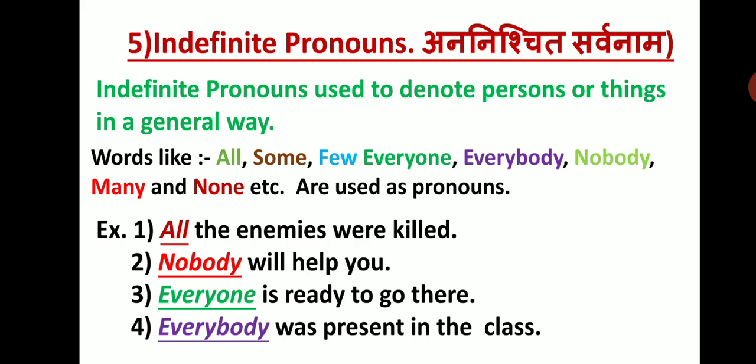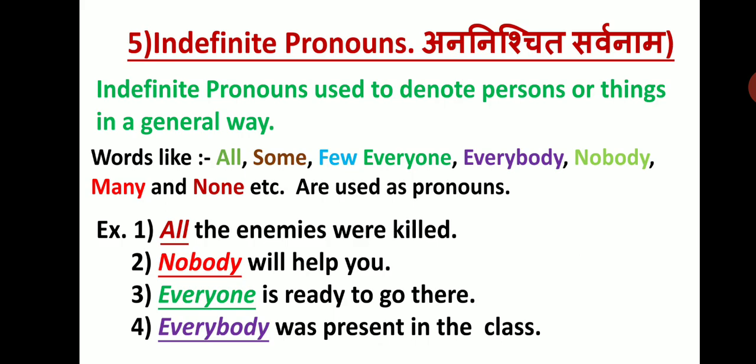Indefinite pronouns are used to denote persons or things in a general way. Words like all, some, few, everyone, everybody, nobody, many, and none. These are several indefinite pronouns. Now see some examples.